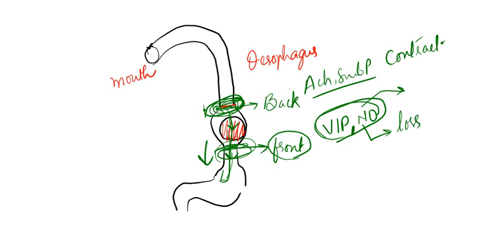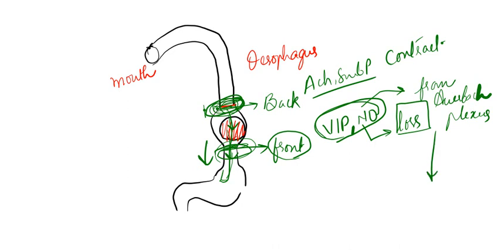Loss of vasoactive intestinal peptide and nitric oxide leads to which condition? So loss of nitric oxide and vasoactive intestinal peptide from Auerbach's plexus.